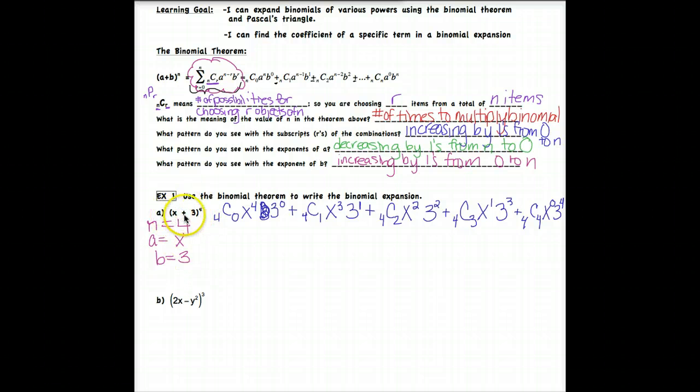You could FOIL x plus 3 times x plus 3 and then FOIL that answer with itself. But we can simplify here, and you probably should know how to do that in your calculator because a combination is something that you learned to press in on a calculator. 4 choose 0. How you press that in is you're going to type the 4, then you are going to hit math.